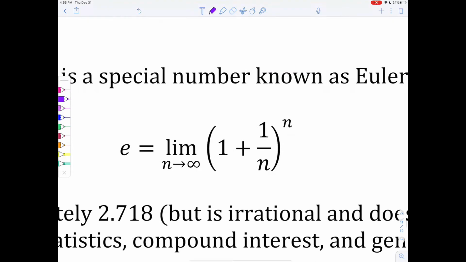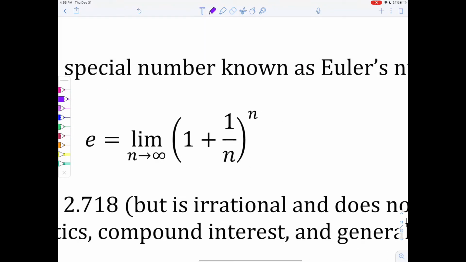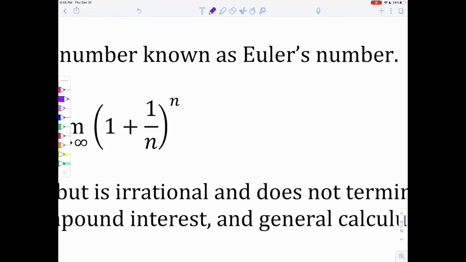Anyways, the number is defined as this. Some of you may have seen limits before, some of you perhaps not. But this particular little bit, 1 plus 1 over n, all to the power of n, changes as you increase the value of n. But it starts to hone in on something. If we let n equal 2, we've got 1 plus a half to the power of 2, which is 2.25.